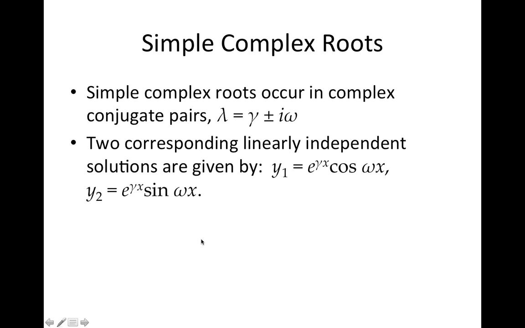Simple complex roots would occur in complex conjugate pairs, so you would have a real part plus or minus an imaginary part. And you can show, and we won't show in this particular lecture, that if you substitute e to the lambda x, where lambda is this complex conjugate pair, the two linearly independent solutions are an exponentially multiplied cosine function of frequency omega and an exponentially multiplied sine function of frequency omega.